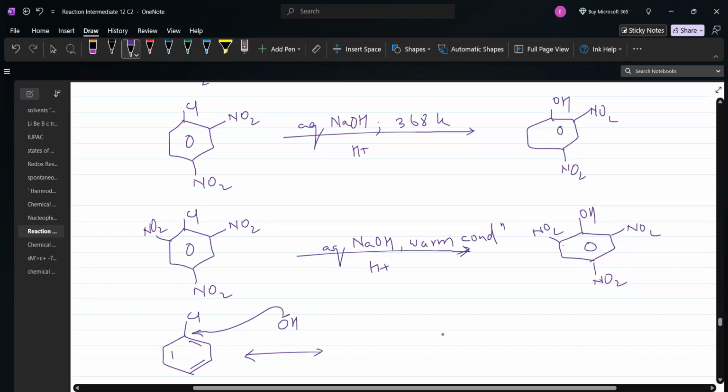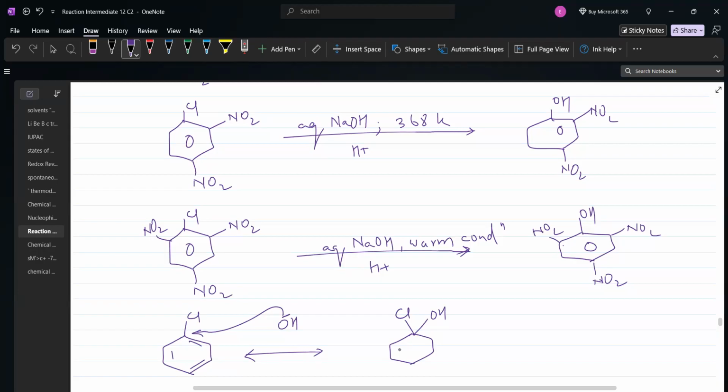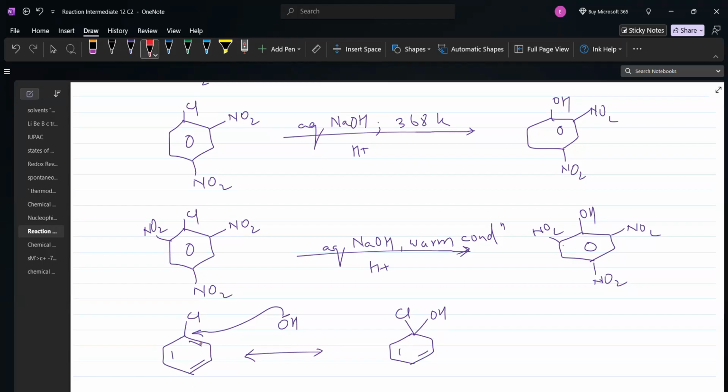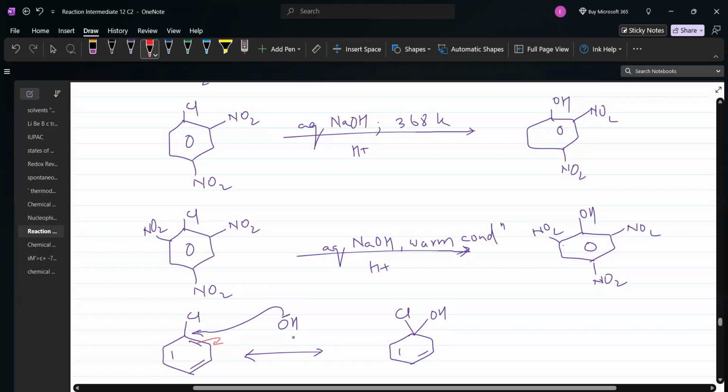When it attacks this point, OH and chlorine will be present at this carbon, and this pi bond will shift and make a negative charge here. The negative charge will again shift through the resonating structures which we are drawing here, so finally the structure will be this.